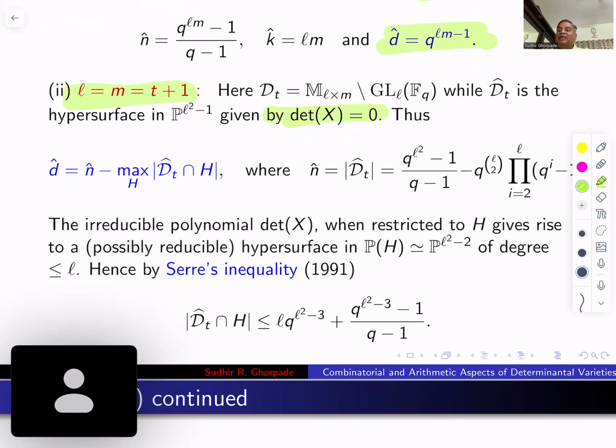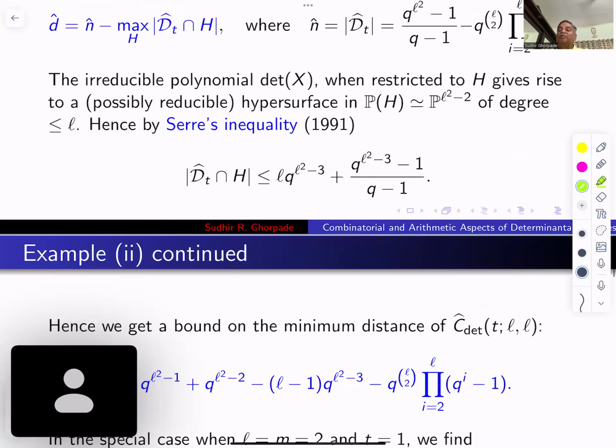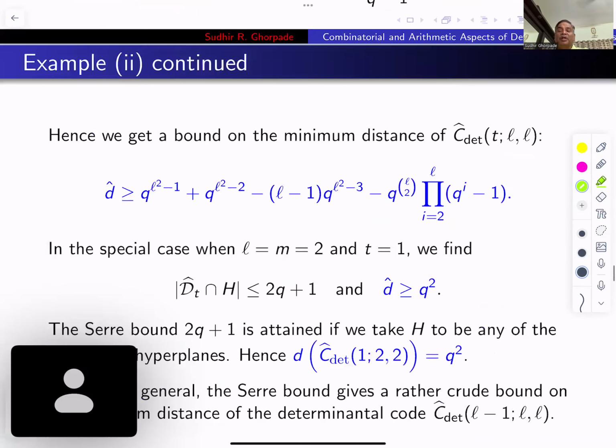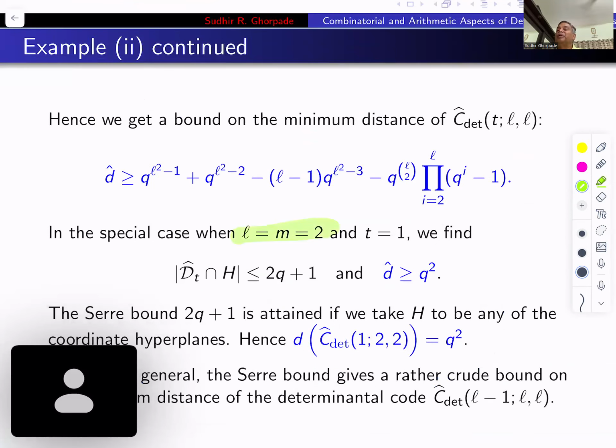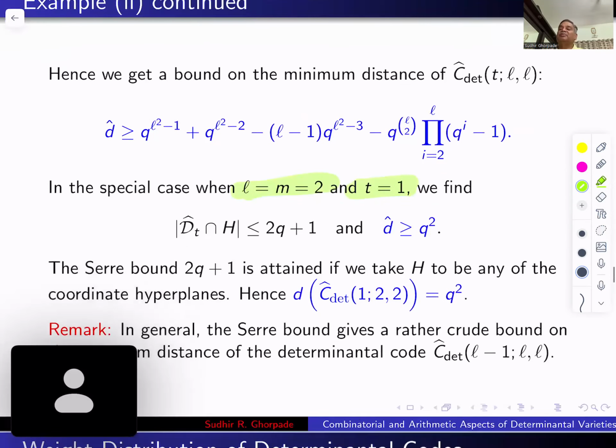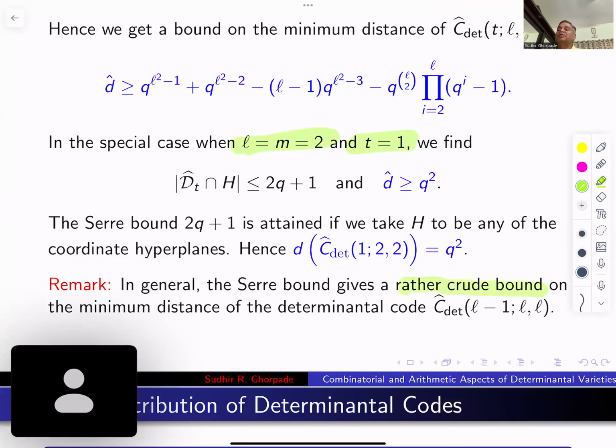And that does give you a bound, but it is usually a crude bound. It is exact only in the very special case of 2 by 2 matrices with T equal to 1. But otherwise it doesn't really give you the minimum distance. So the Serre inequality does give you something, but it's a crude bound.